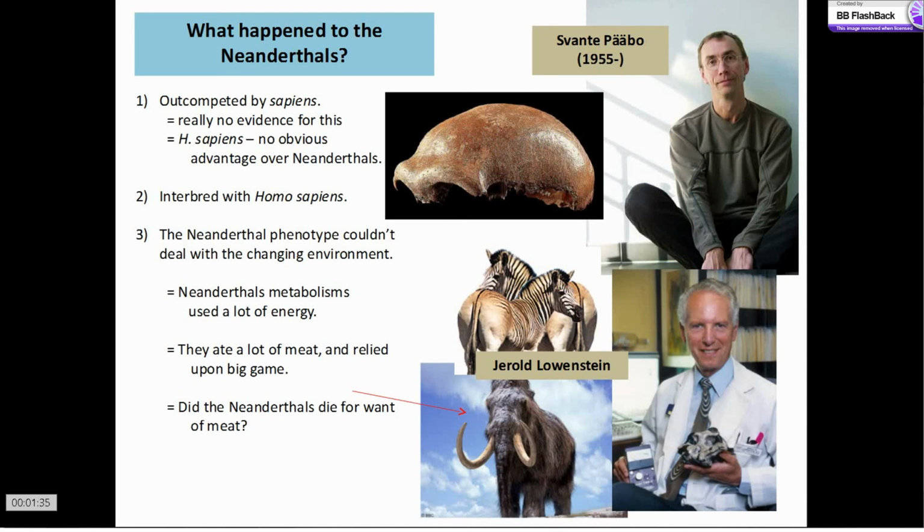And having analyzed that DNA, that work being done by folks like Svante Pabo here, who does a lot of paleoanthropology work in a laboratory using genetic techniques, these folks have determined that indeed some Homo sapiens of today, some contemporary people, contain genes that originated with Neanderthals.